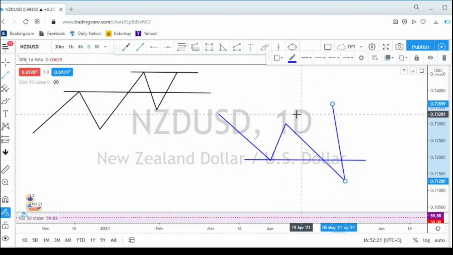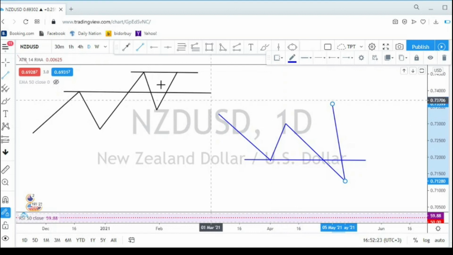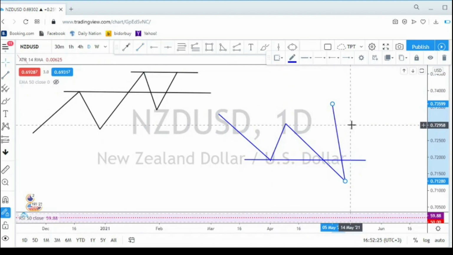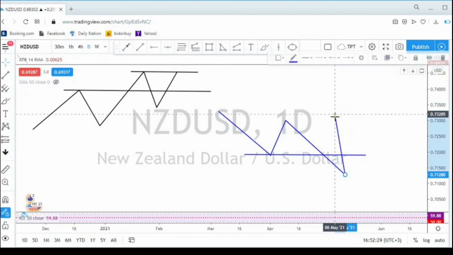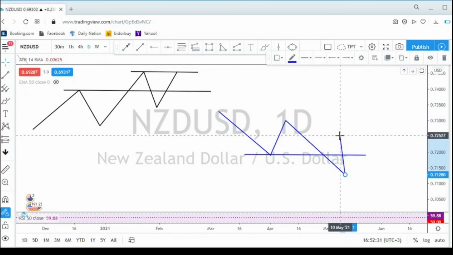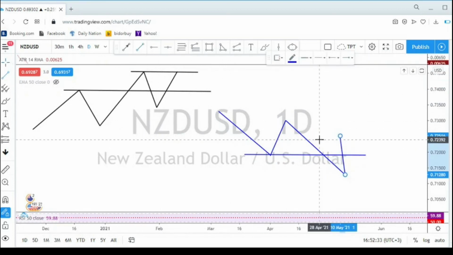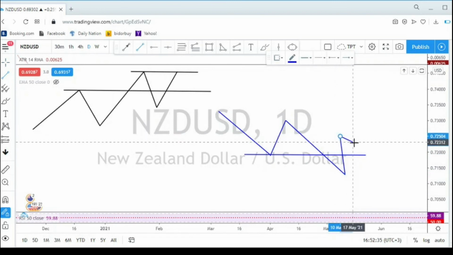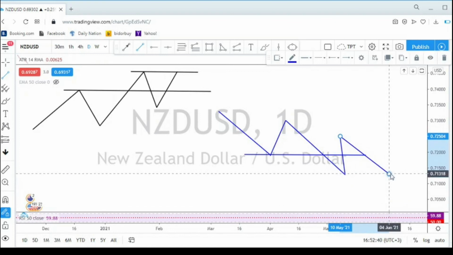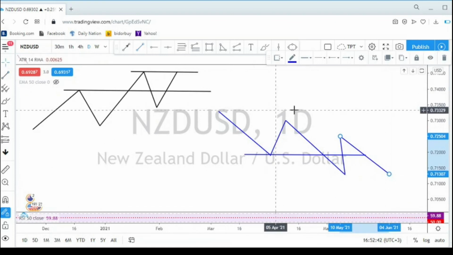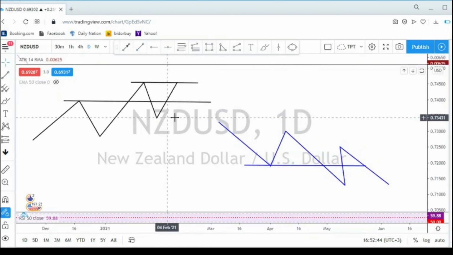If it closes here, then I will not be expecting a trend continuation to the downside. But if it makes a pullback to the middle here, then I will expect this market making a pullback, at least touching the previous level of support. And this is how simple this price action strategy is.